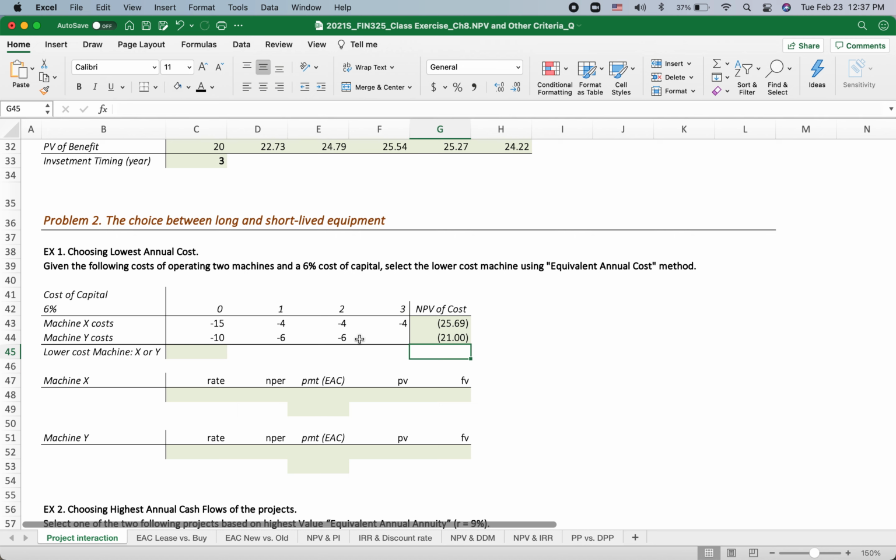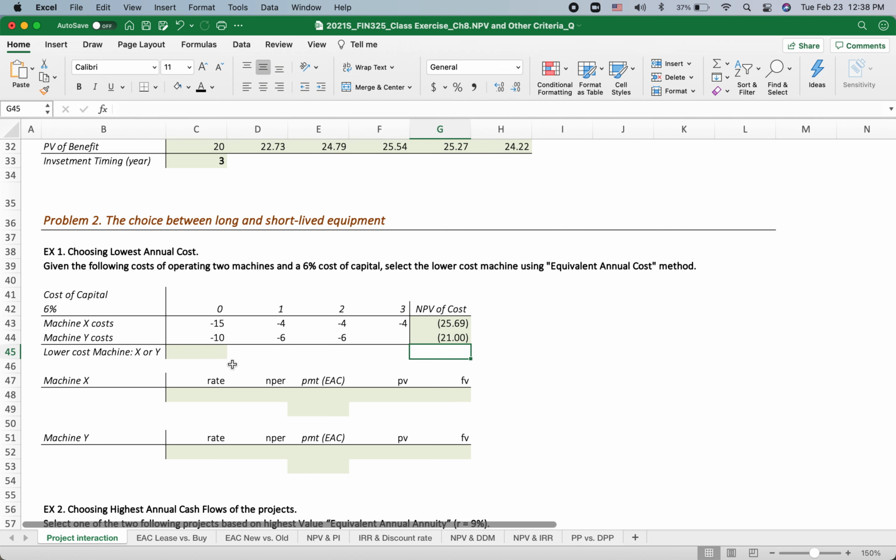But based on the equivalent annual cost concept, we can consider that machine Y recurs from year 3 once again, over and over again, as a recurring cost starting from year 3, spending $10, next year $6, so that we can compare machine X and Y fairly, right?